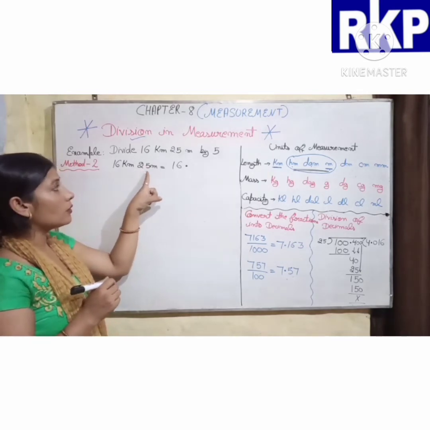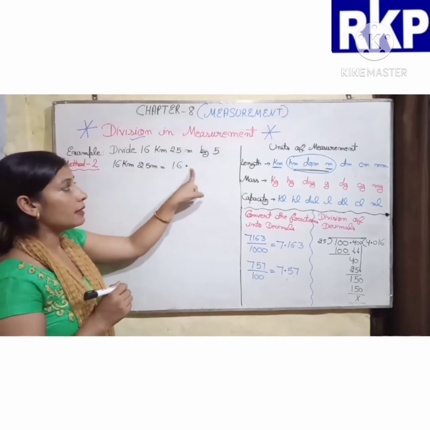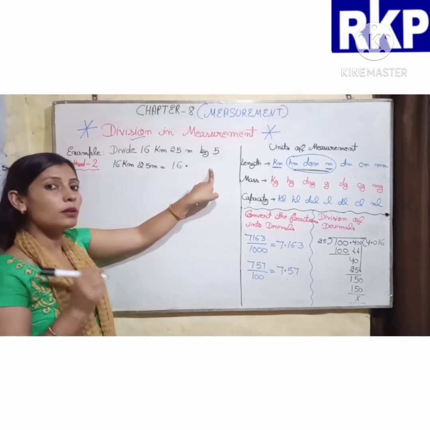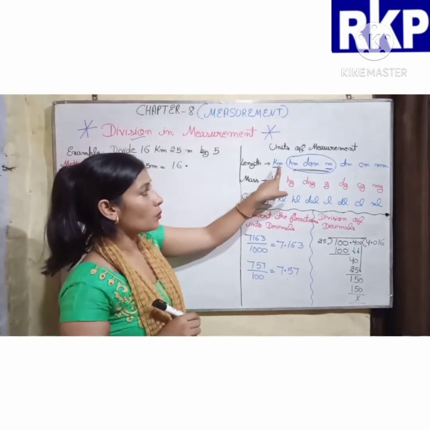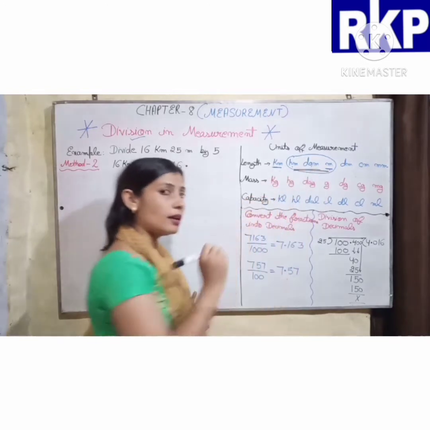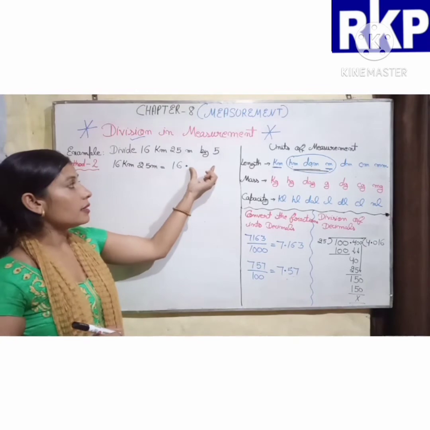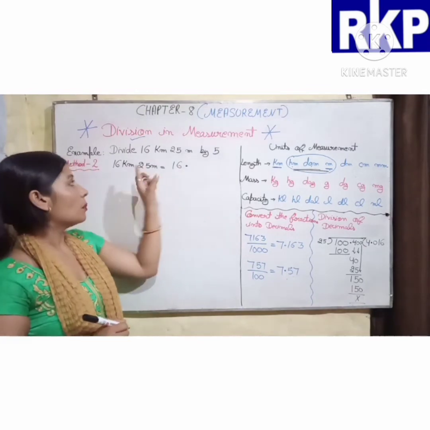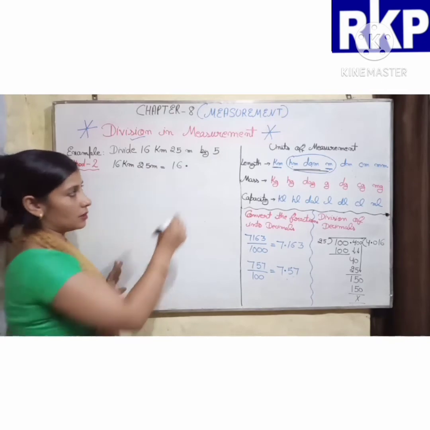We have only 25 meters, but we need to write 3 digits for meters, because from kilometer to meter we have 3 units. So for these 3 units we need to write 3 digits, but here we have only 2 digits. So how can we write?